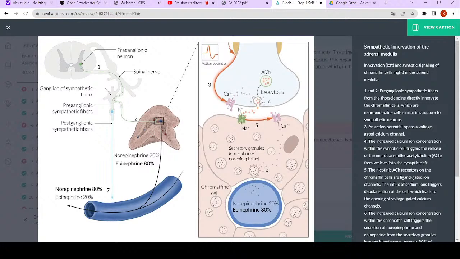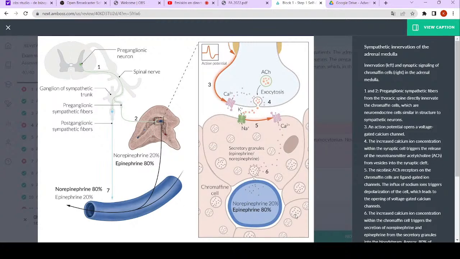It's released via exocytosis and it acts on the NAK pump and stimulates the chromaffin cell to release the catecholamines.